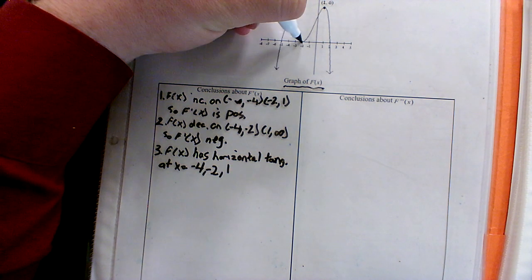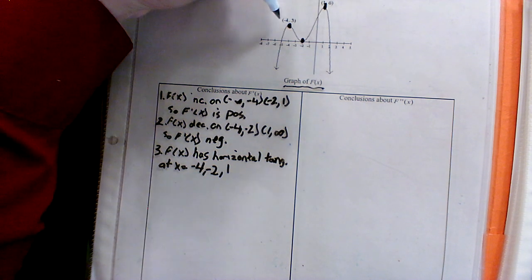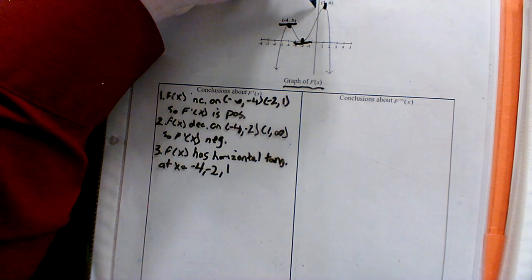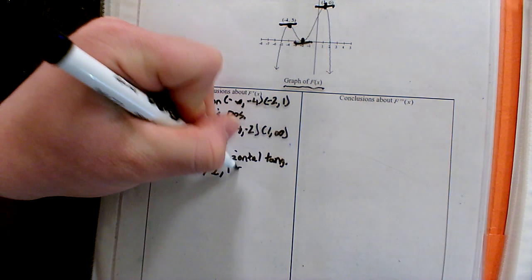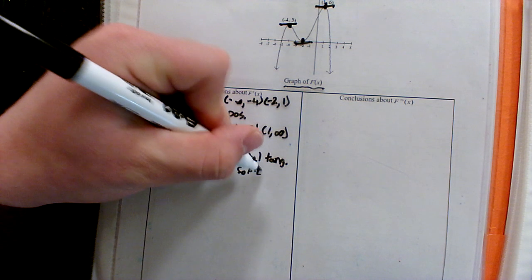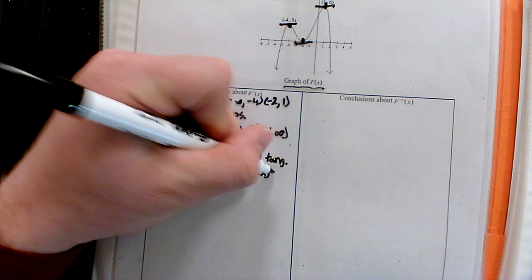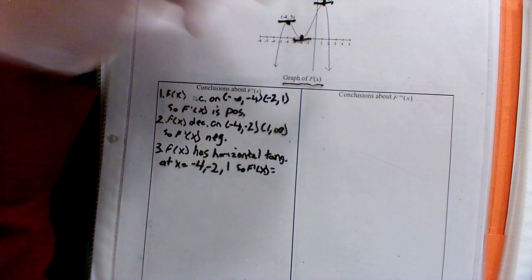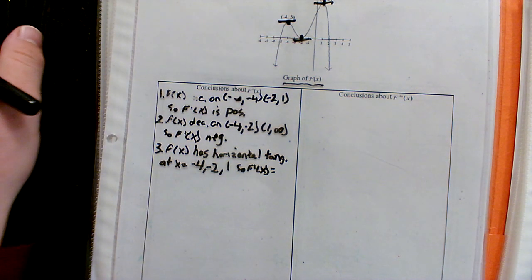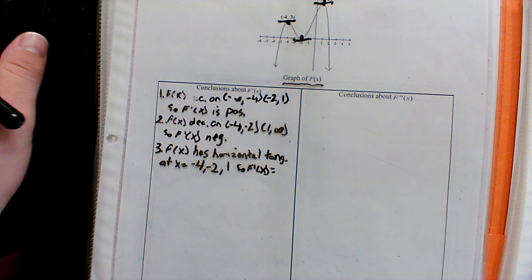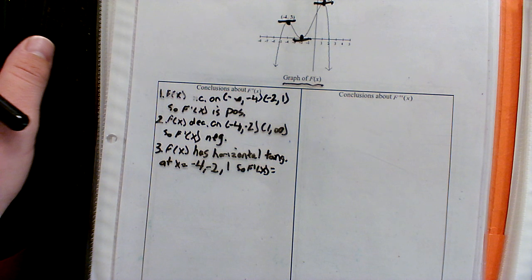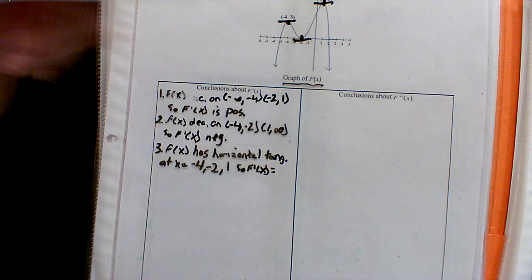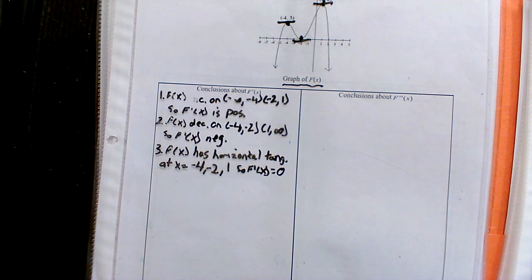So right here, and right here, they're horizontal tangents. So f prime of x would be equal to what at that point? So if you look at each one of those points, it's a horizontal tangent. That means it's flat. So the first derivative at those 3 points would be what? 0. Thank you.